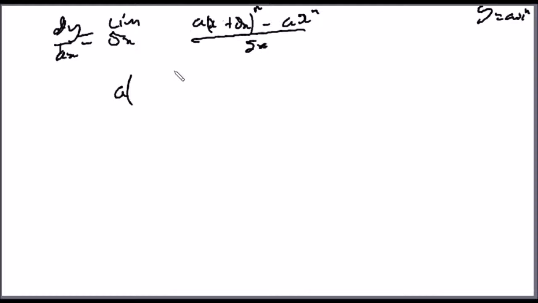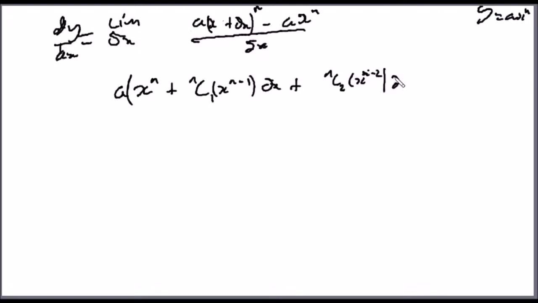So the first term is x to the power of n, plus n choose 1 of x to the power of n minus 1 delta x, plus n choose 2 of x to the power of n minus 2 delta x squared, and then this carries on, minus a x to the power of n, and it's all over delta x.